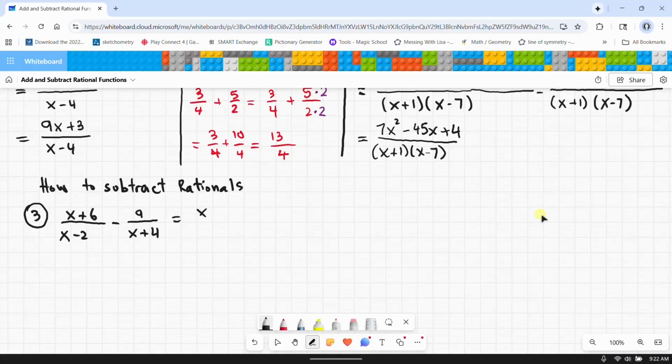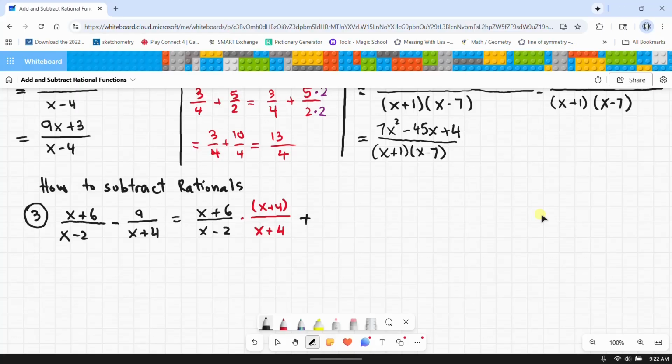So first I'm going to keep the first rational like this. I'm going to multiply with the bottom of the other denominator from the other rational. And then it's going to be x plus 4.